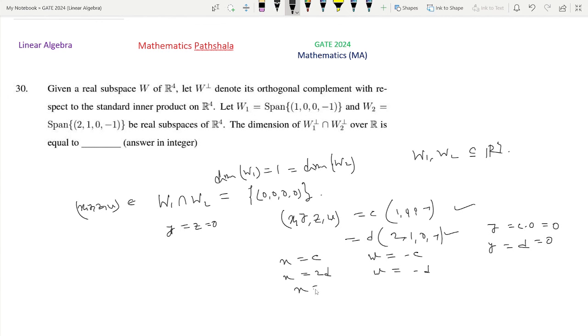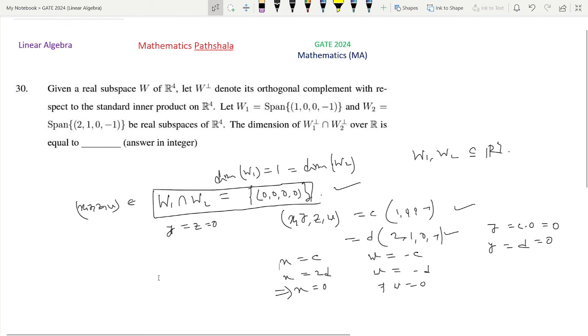Putting d equal to 0, we have x equal to 0, and also w equal to 0. So we have x, y, z, w all 0. So this is done: W1 intersection W2 equals singleton 0.